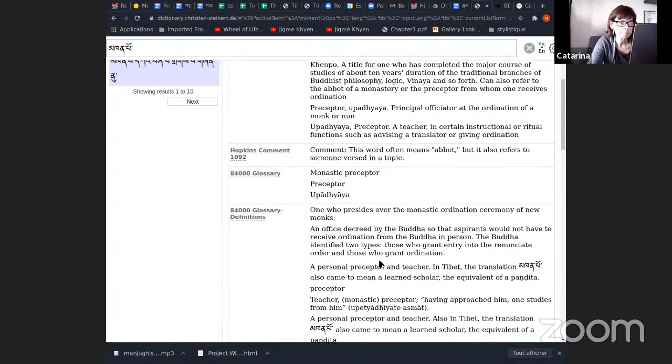And it is for that reason that once you disrobe, you're not a khenpo anymore, because the role of a khenpo is not to be a scholar. The role of a khenpo is the one who is actually giving the vows to the new monks, and having the role of the senior monk in the monastery. That's the khenpo. So maybe in Portuguese, I don't know, there is something that talks a little bit about the one who gives the vows to the others, who gives the ordination to others.